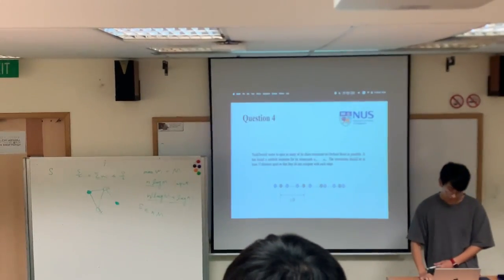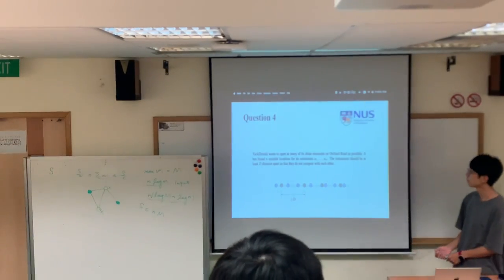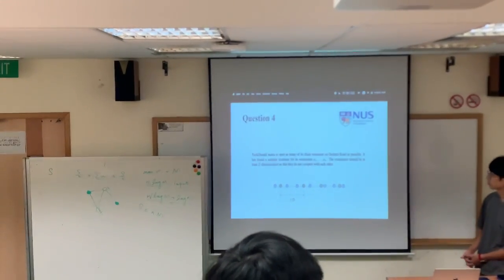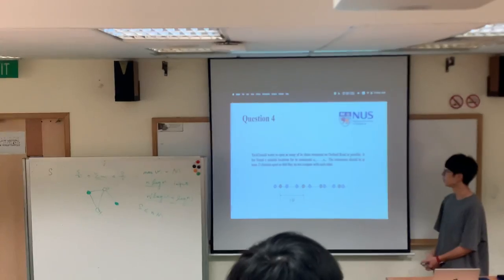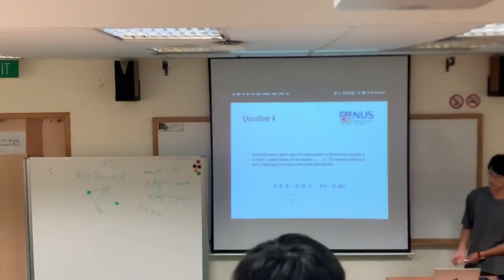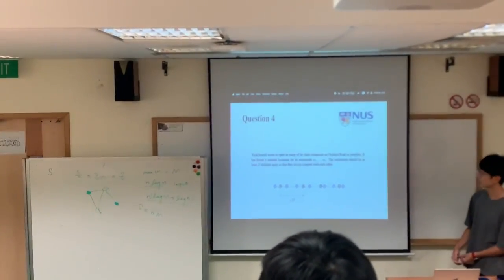What we have in the restaurant problem is that we want to find the maximum number of restaurants such that each pair is at least d distance apart.